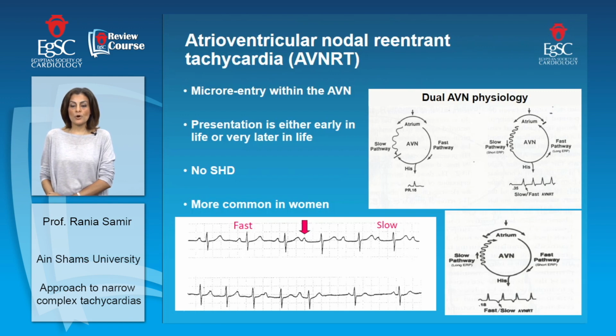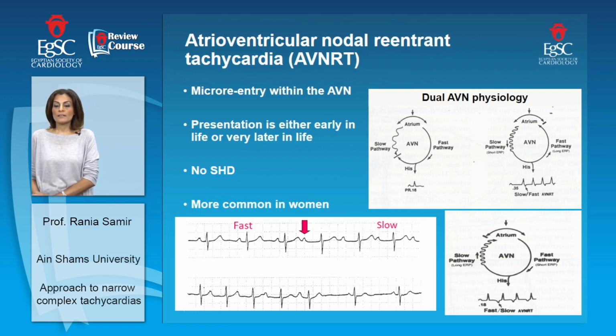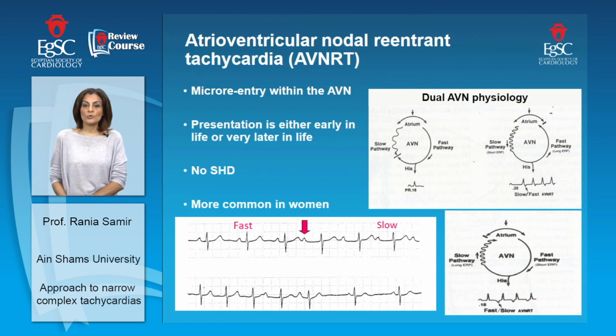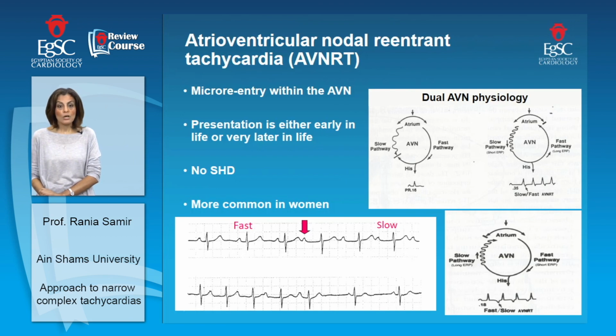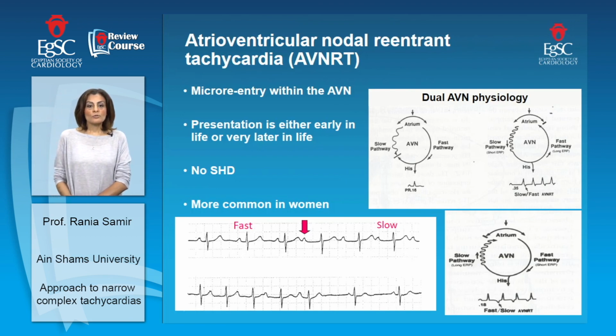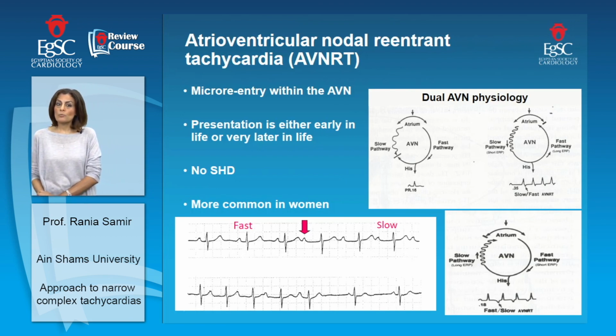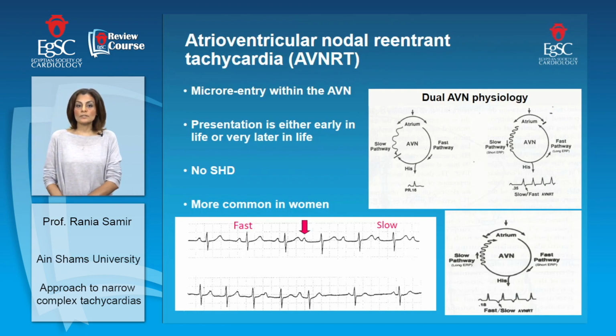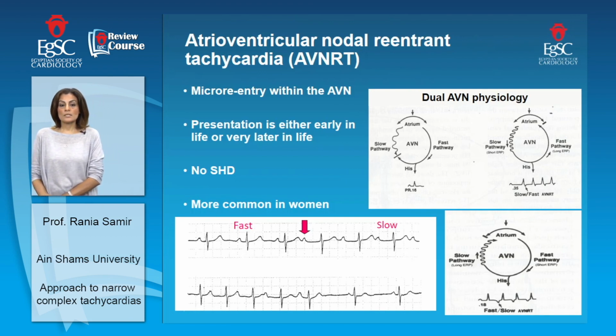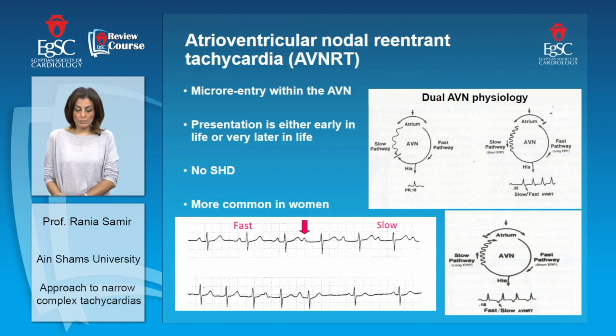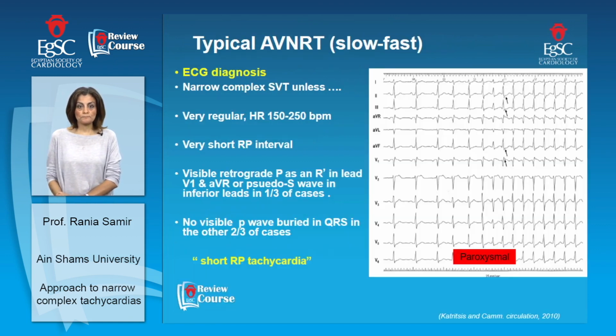And if this process repeats itself again and again, it will present as a long RP tachycardia, the atypical form of AV nodal reentrant tachycardia, which is not common. AV nodal reentrant tachycardia is one of the most common arrhythmias you can encounter in the emergency room, and it's more common in females than males.